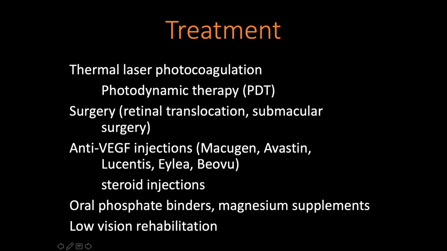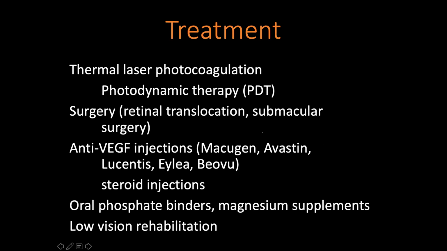Because we had no effective treatment for vessels under the retina, we tried multiple surgical attempts to restore vision by retinal translocation, which meant that we detached the retina, rotated the retina, and reattached it. It was a multiple-hour surgery and did not really improve the vision in large studies, as well as submacular surgery.